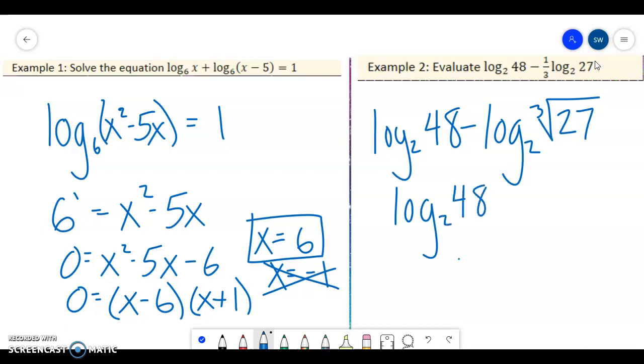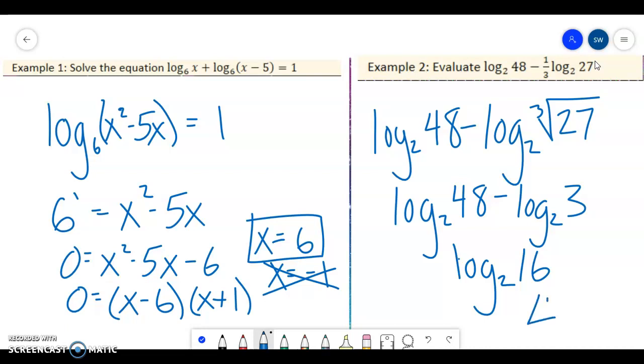So we have log 2 of 48 minus log 2 of 3. Log rule number 2, we have a difference, same base, they're both base 2, so we're allowed to take the insides and divide, so that becomes log 2 of 16. So now we're asking ourselves, 2 to what power equals 16? That is 4. All right, and we're done with that.